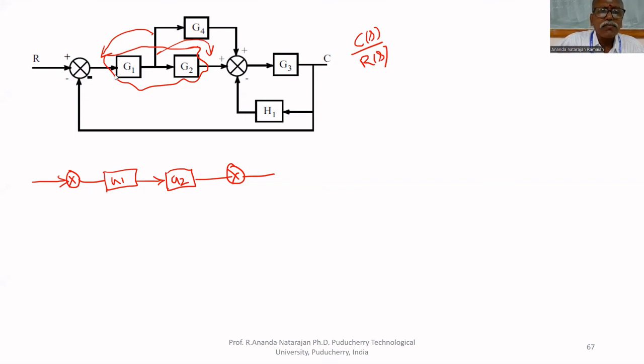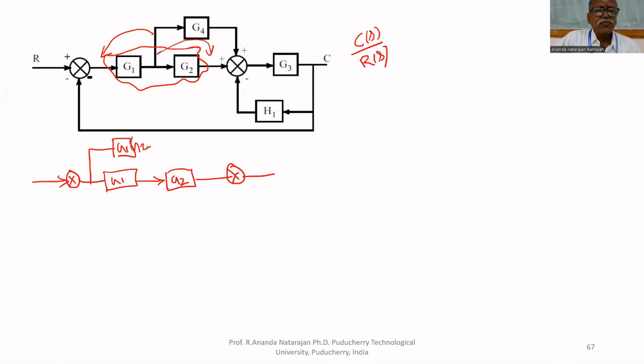So here we have to move this block ahead of this point. Means what will happen? It is already amplified by G1, but it is not so if you move that. That's why we have to multiply by G1.